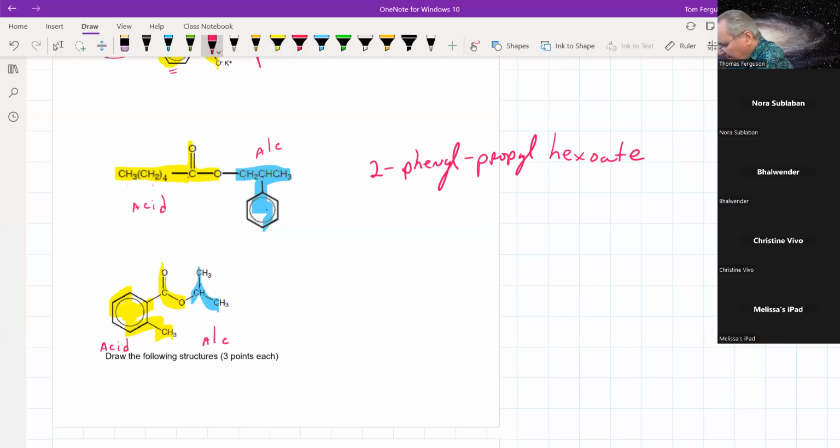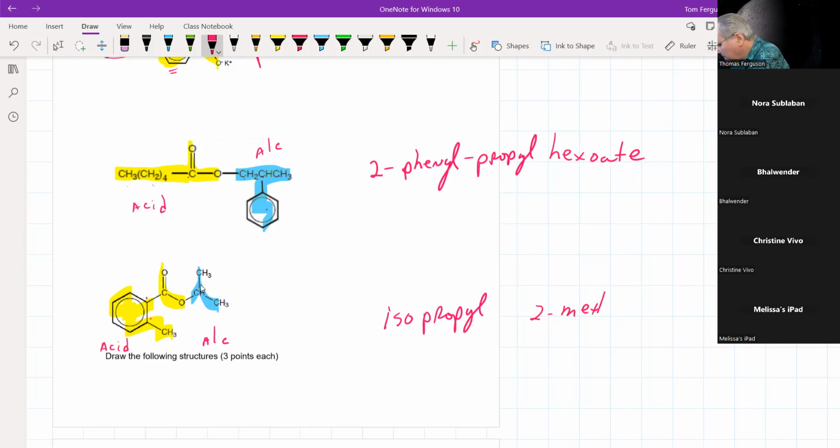So this is going to be isopropyl, and it's going to be a 2-methyl benzoate.